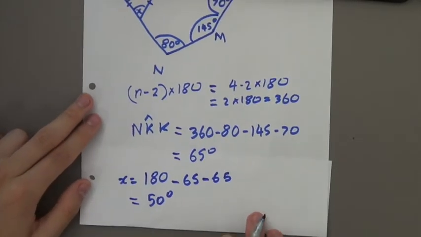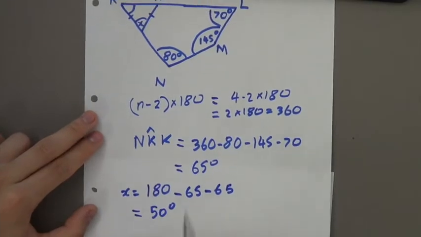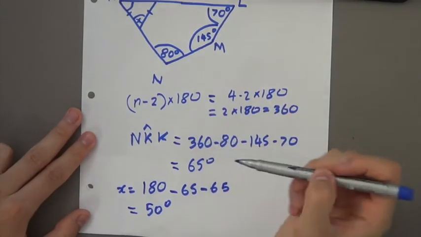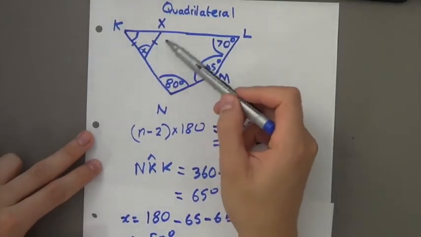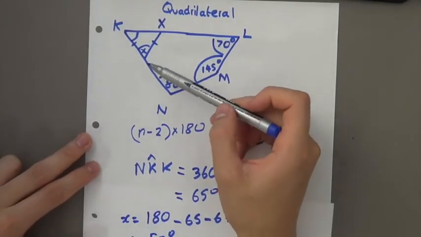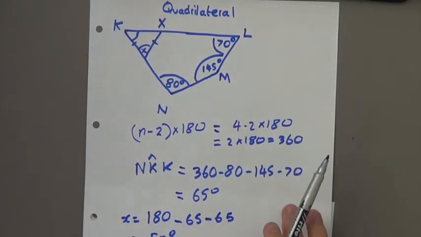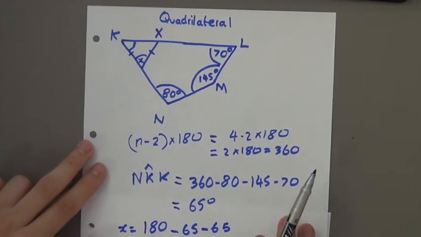That's how I work out x. Again, we've used this formula and the rule that all angles in a triangle add up to 180. It basically comes with practice. The more of these examples you do, the better you'll get at them.